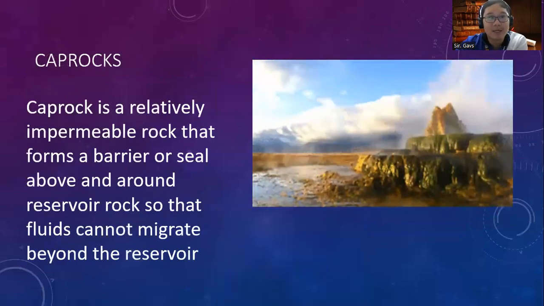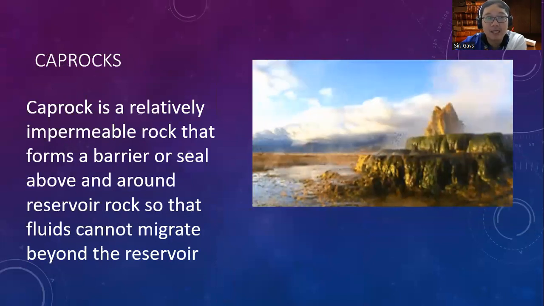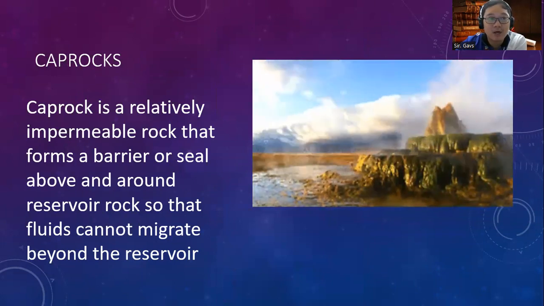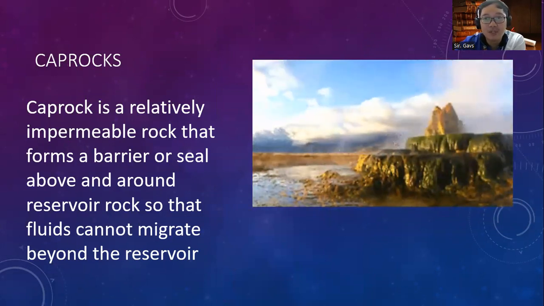Let's start with cap rock. When we say cap rock, it is a relatively impermeable rock that forms a barrier or seal above and around the reservoir rock so that fluids cannot migrate beyond the reservoir. Because fossil fuels are fluids, they tend to go out of any holes.